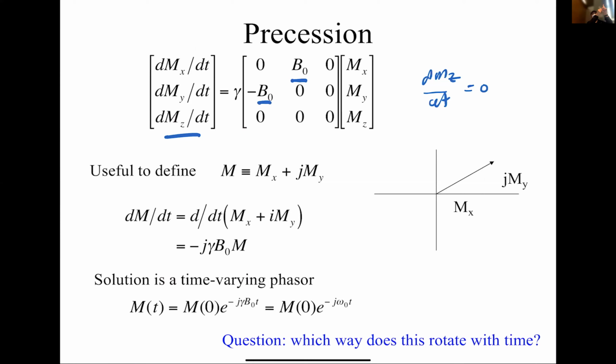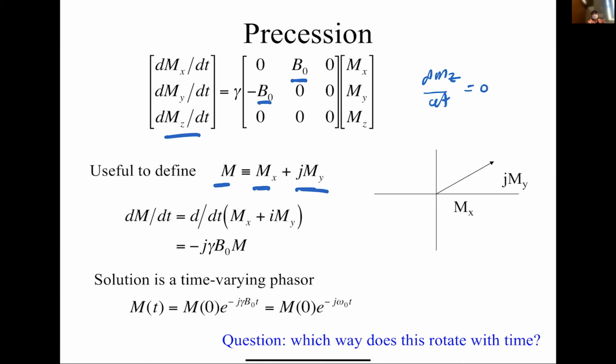So I've tipped it away, and it's just going to turn in a circle. The z component never changes because it's just tracing a flat circle in space. So I only have to worry about the x and y components, and this is where the phasor notation becomes very useful. We define our complex vector M as Mx plus j My, so we can keep track of the magnetization with just one number instead of having to track Mx and My everywhere.